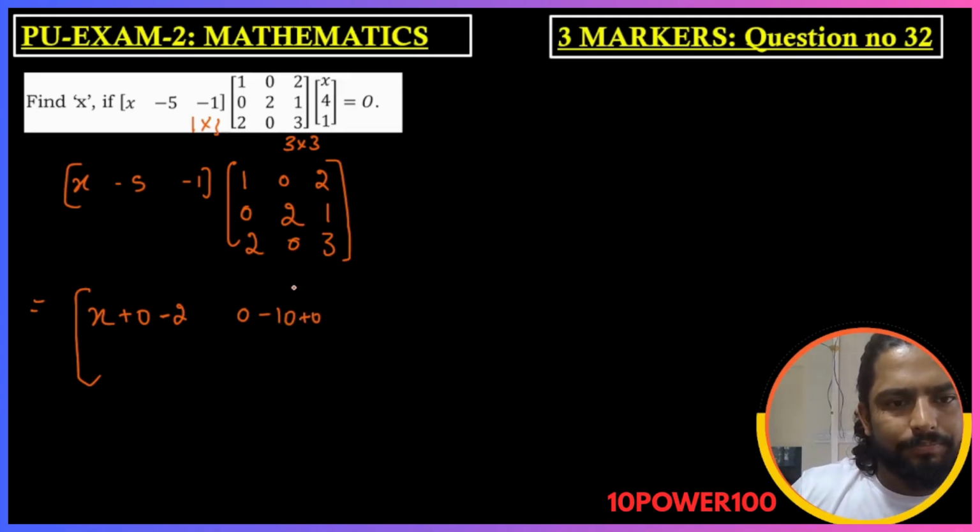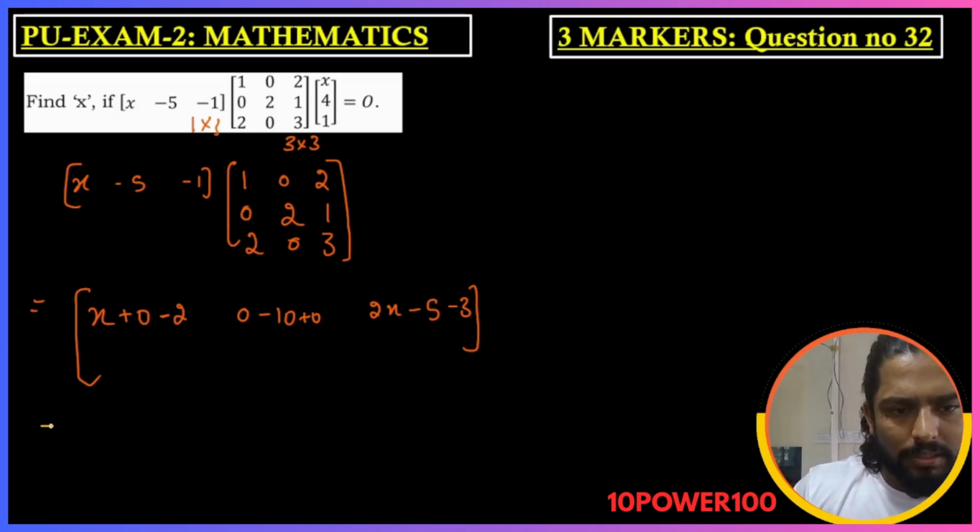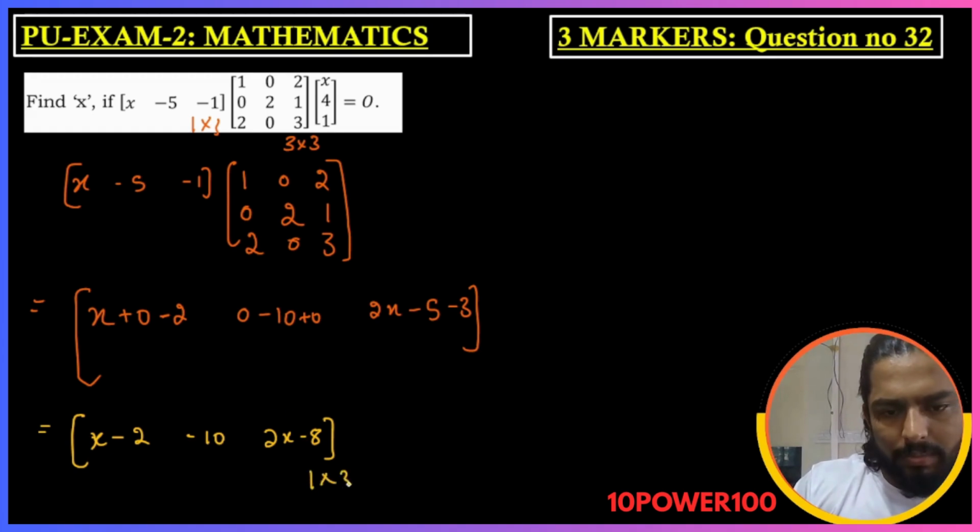Next, X into this one is 2x, minus 5, minus 3. So I multiplied these two and got a 1 cross 3 matrix. Let me rewrite: x minus 2, minus 10, and 2x minus 8. So this is a 1 cross 3 matrix.